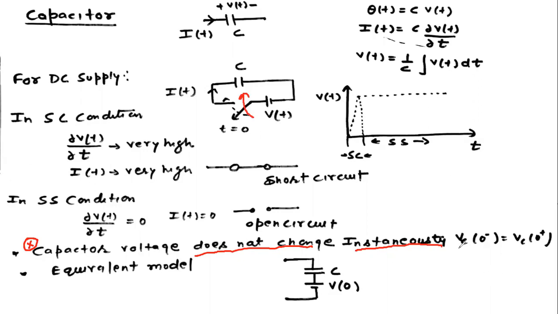So assume v_C(0-) is equal to v_C(0+). v_C(0-) represents the condition before switching, when the switch is open. v_C(0+) represents the condition when the switch is closed. So in the switching condition, we assume that v_C(0-) is equal to v_C(0+).